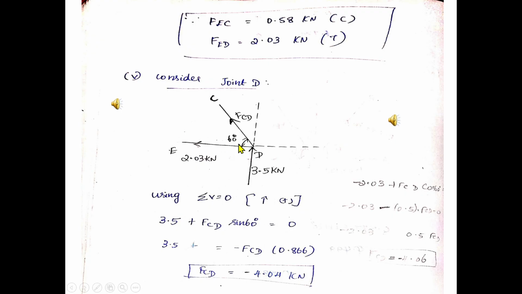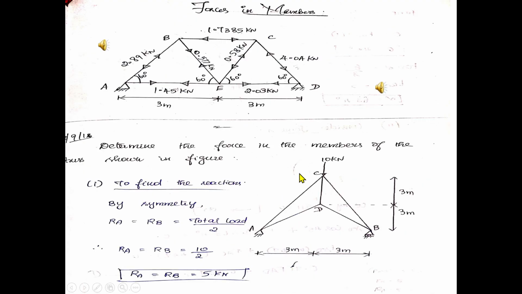This cannot be resolved because it is truly horizontal. This one is resolved: FCD sin 60, and after resolving, the arrow will be pointing upward, therefore plus. So 3.5 plus FCD sin 60 equals 0, from which FCD can be found. It is minus 4.04.